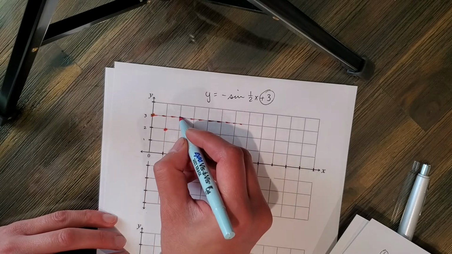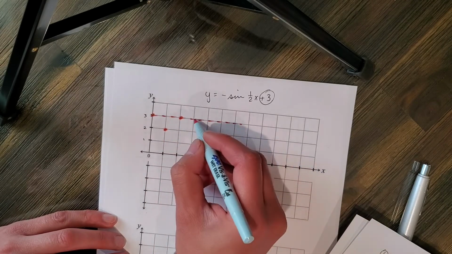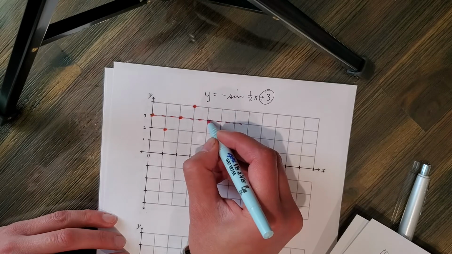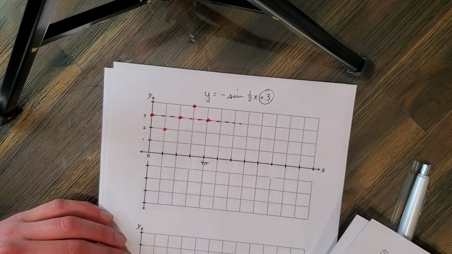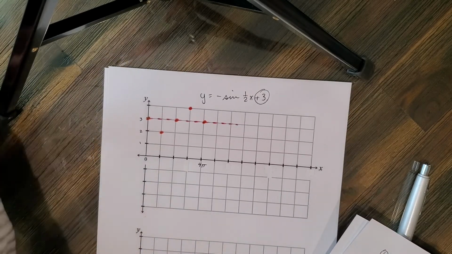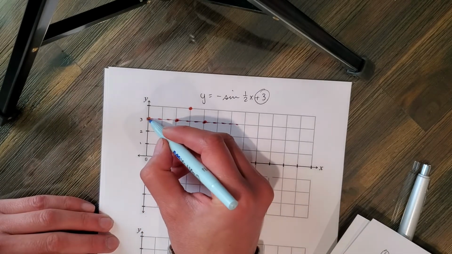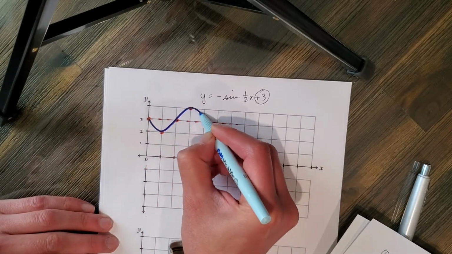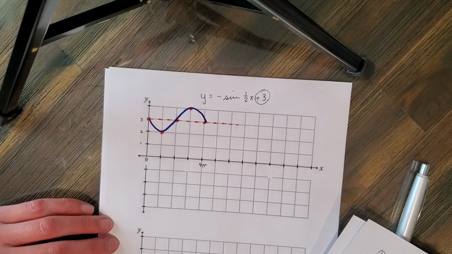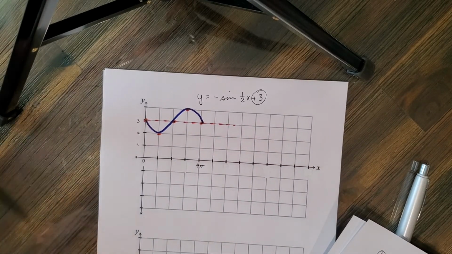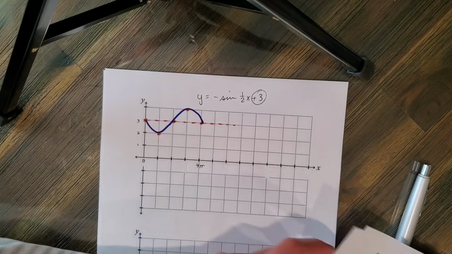On the next one, I'm going to go up back to the midline. And then I'm going to go up and I'm going to come back down. Okay. So those are my 3 points. Notice how 3 points are on the midline. 1, 2, 3. Now just connect. And that's it. I'm done. Okay, that's the graph. Okay, let's do the next one.